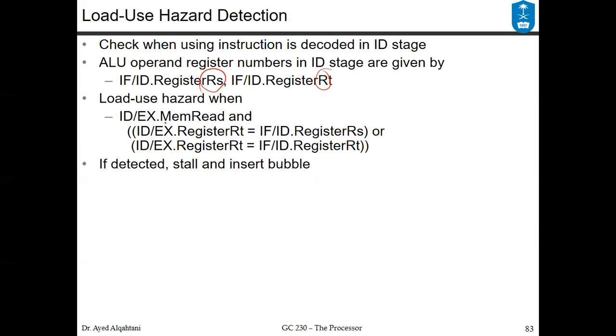If you have a memory read active, this means that the instruction is a load, and you have the source registers equal to the destination register. And notice now the destination register is RT, not RD, because this is a load instruction. So if this happens, then we detect the need for the forward, and we also need to stall or insert a bubble.